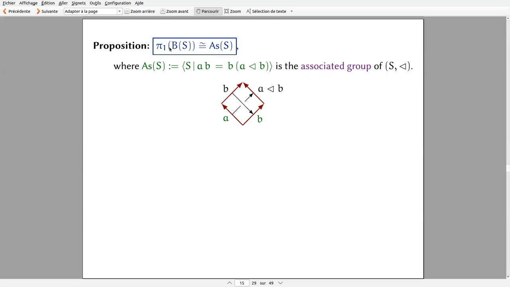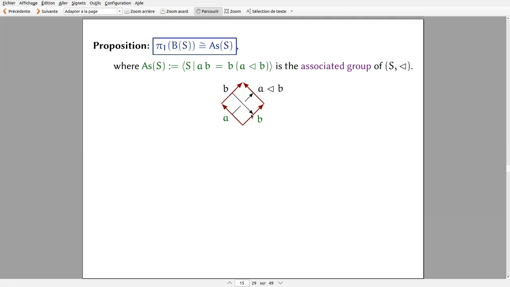You take one generator for each element of your set, and one relation for each couple of elements. You say that A times B is the same thing as B times A triangle B. So this is something which is very useful when you're studying a rack or a quandle algebraically.